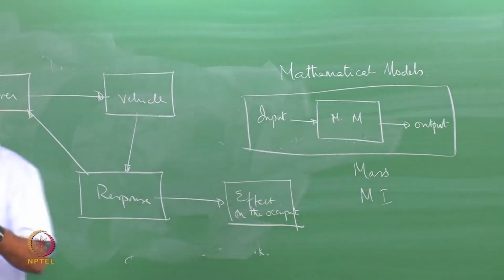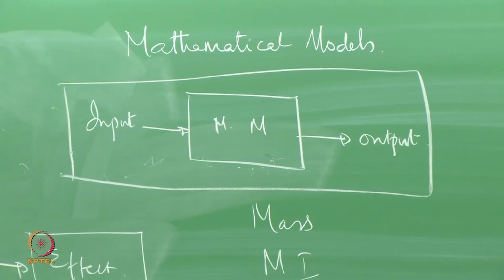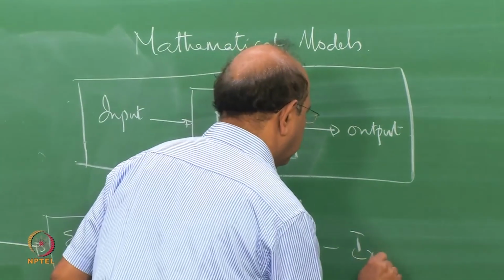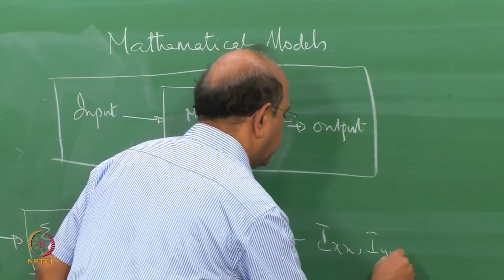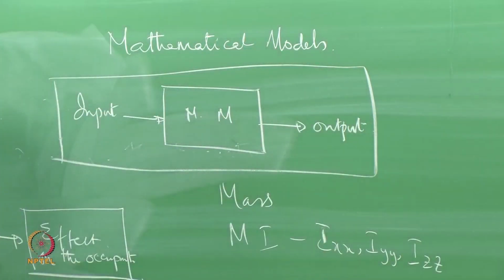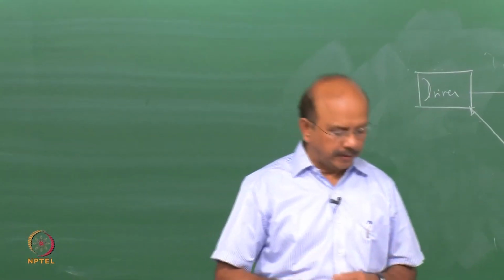Moment of inertia, say Ixx, Iyy and Izz, and so on. Okay, we will see that we will use 3 moments of inertia and not Ixy and so on.